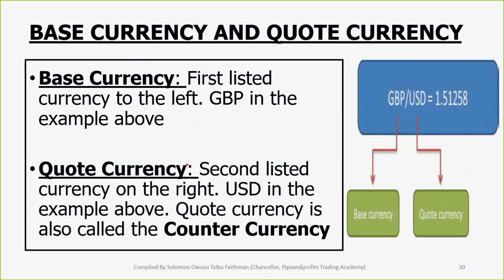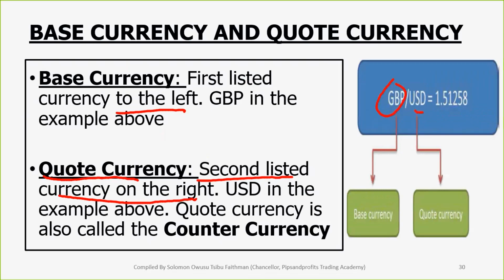So the base currency is the first listed currency to the left. This one to the left. And then the quote currency is the second currency on the right. This one in a currency pair. As simple as that.